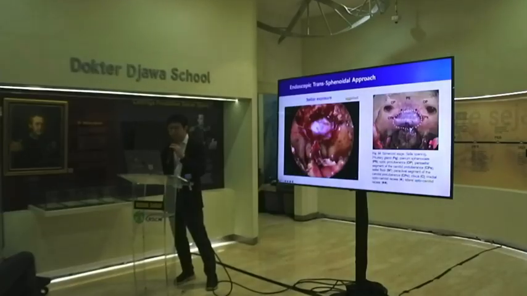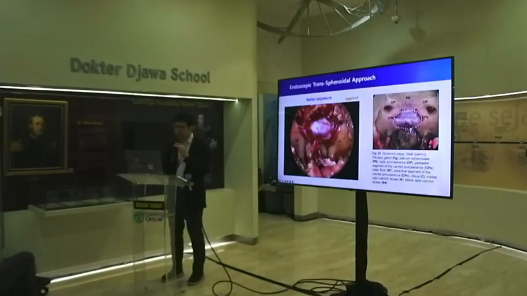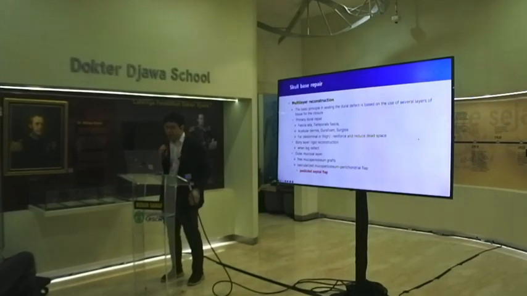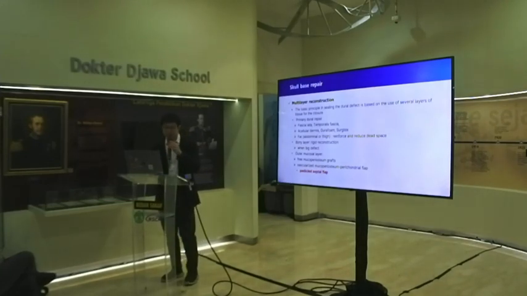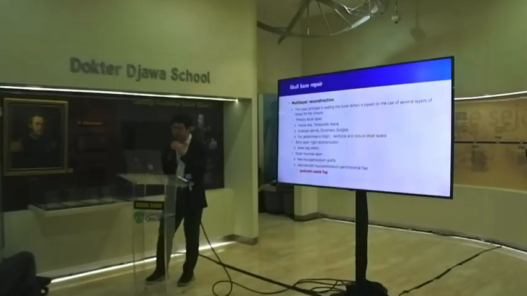And after removing the sellar floor, you can get the final view in every case on the right side of the column. I will not mention the main procedure, but after the procedure, we perform multilayer reconstruction of the skull base.